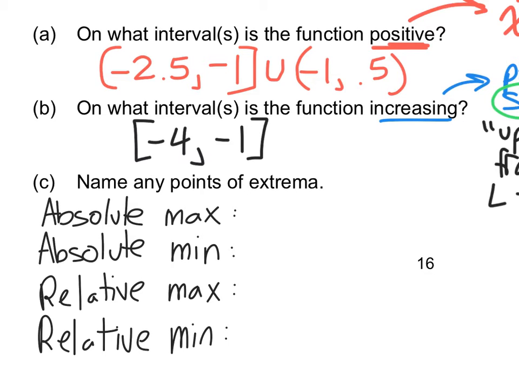The absolute maximum is your highest overall. Absolute min is your lowest overall.